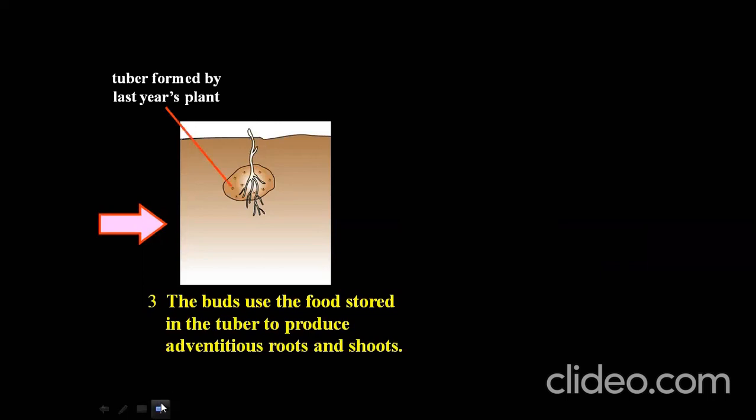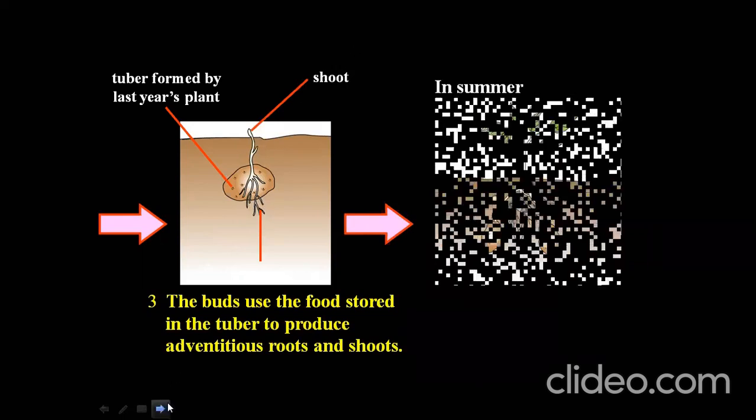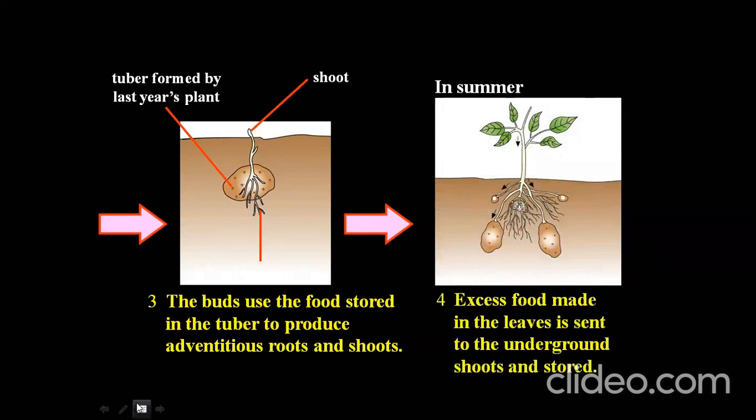You can see here the tuber from last year's plant. This is the tuber, and you can see a root, and this is the shoot. In summer, excess food made in the leaves is sent to the underground shoot and stored.